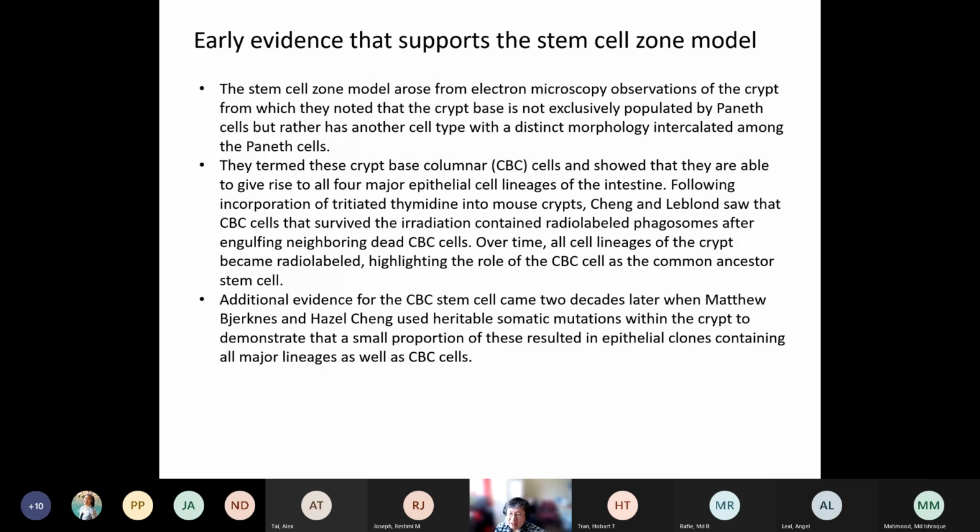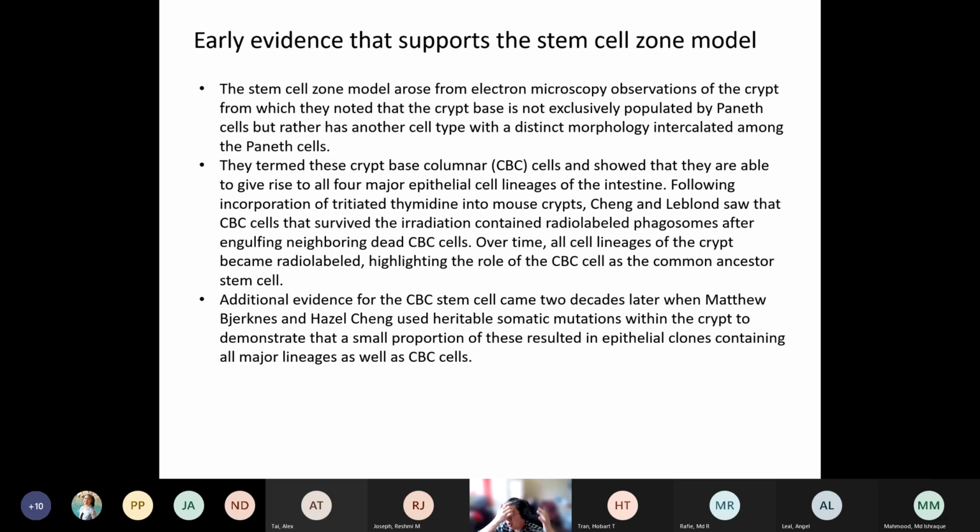What does that mean? That means the columnar cells eventually repopulate the surface of the epithelium of the small intestine. So that demonstrates that the columnar cells have stem cell potential. So that's the labeling.